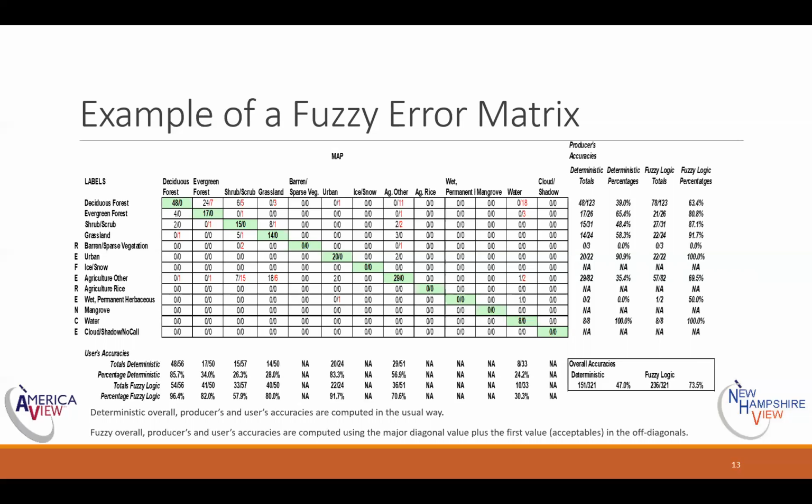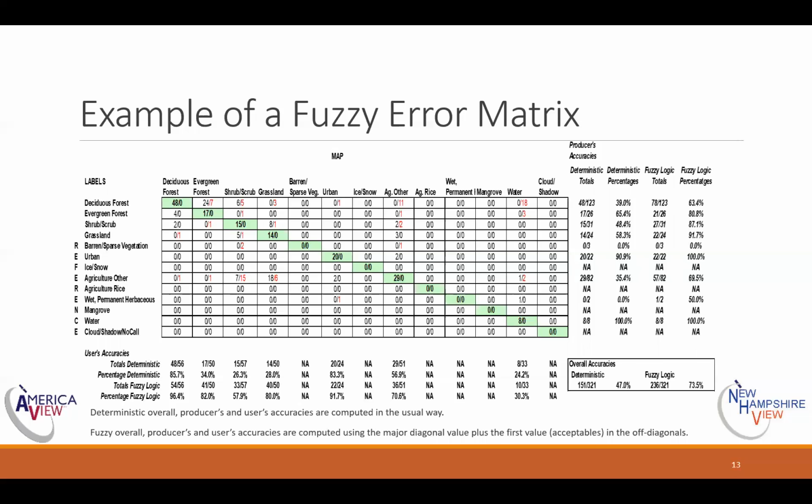So you can see that the deterministic overall accuracy is 151 divided by 321, or 47%. You can also see that the fuzzy accuracy is 236 over 321, or 73.5%.